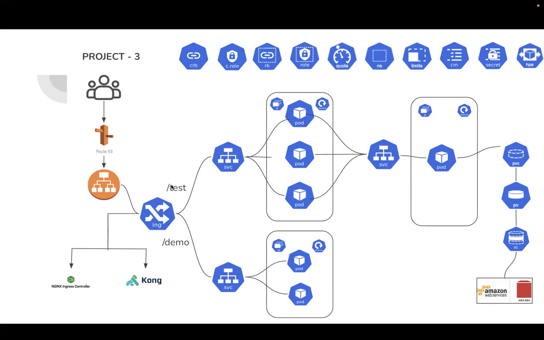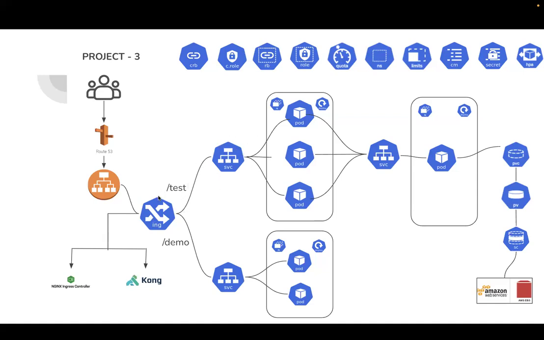So what is this ingress controller? The ingress controller will be acting as a gateway based on our APIs. Okay, if the /test API comes, suppose the user sends www.youtube.com/test, that API is /test, then the request goes to this service.